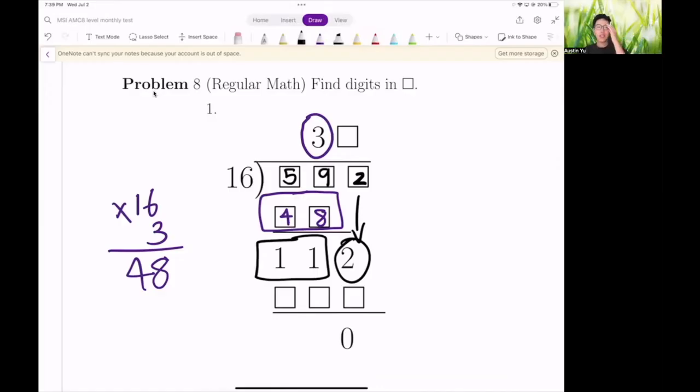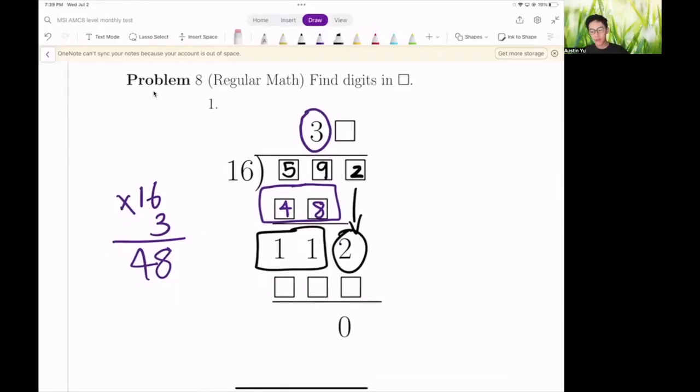Now, since we've plugged in all these numbers, what next? Now, since we have 112 at the bottom, we have to see whether that goes into 16. Well, yes, it does, because 16 times 7 is 112, which we drop down here.